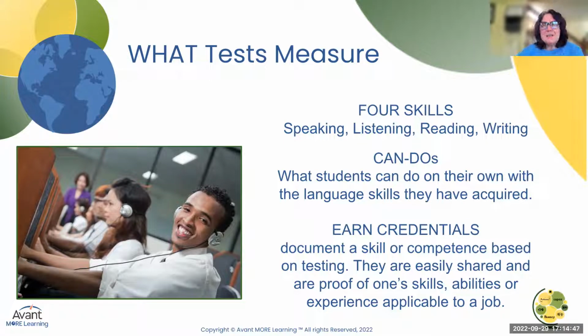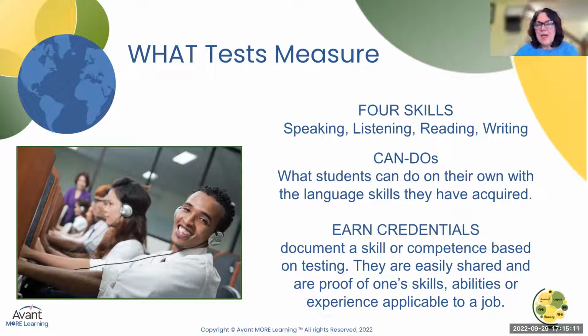The second thing that the test will measure is what we refer to as can-dos. They're measuring what the students can do with the language that they've acquired. So it's not just, I know 20 vocabulary words, or I can fill in the blank with the right verb form, or I can use past tense.